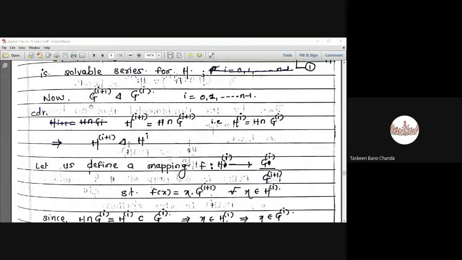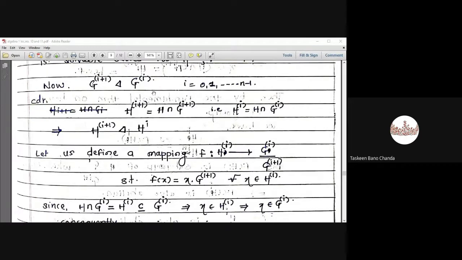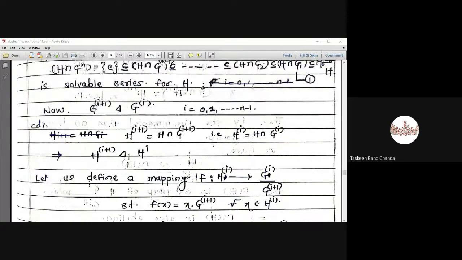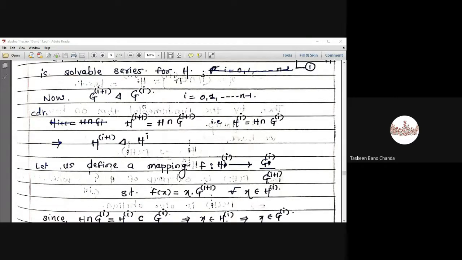Gi plus 1 is normal in Gi, then taking intersection with H. So what we have on the left side, H intersection G raised to i plus 1 is normal in H intersection G raised to i. Okay, hence by the notation of Hi plus 1 and Hi, we have Hi plus 1 is normal in Hi.